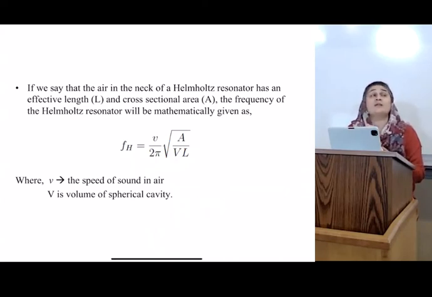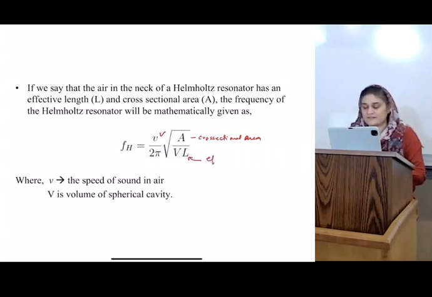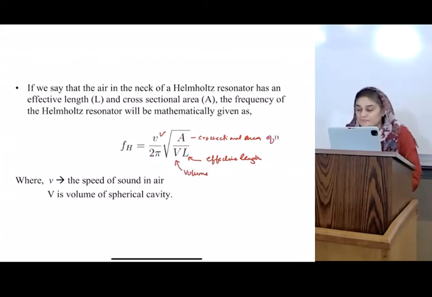So each Helmholtz resonator will have a particular frequency that depends on the speed of sound, which is v, divided by 2 pi, A, which is the cross-sectional area, L is the effective length, and V is the volume. Oh, this should be of the neck. And this is also of the neck.